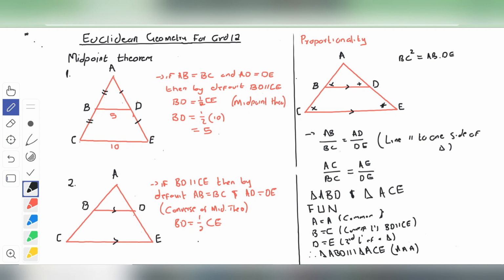After this, I'm going to do a video talking about something like this and the strategies of how to answer the questions for grade 12 Euclidean geometry.